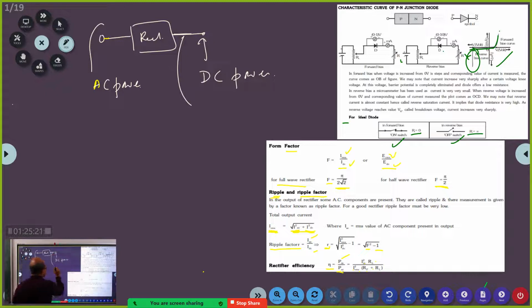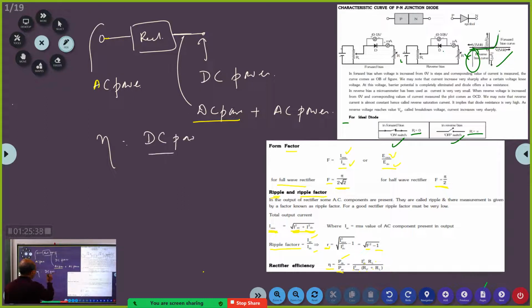You are getting DC power plus you are getting AC power. And you can define efficiency. This is the useful power. So you are going to talk about DC power divided by input AC power. This is what it is.